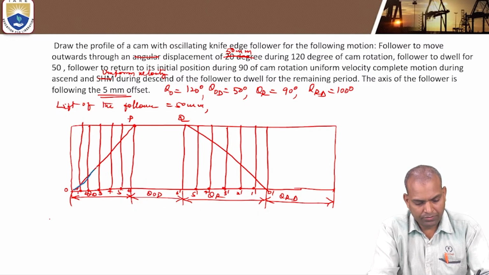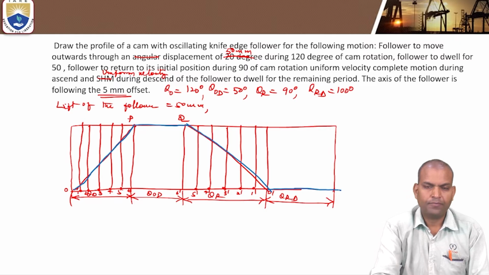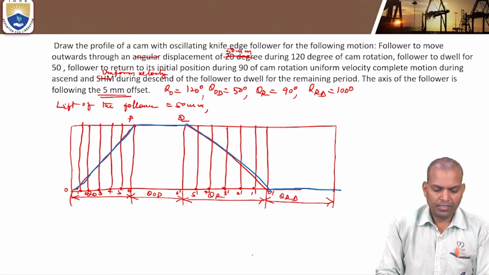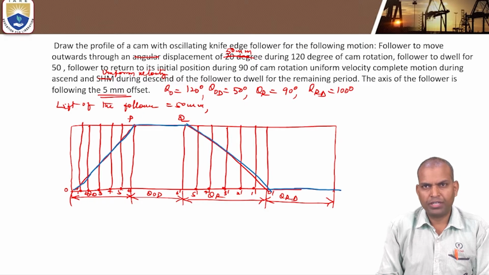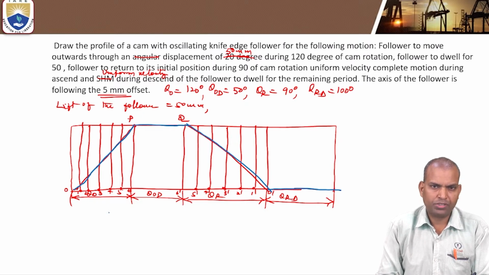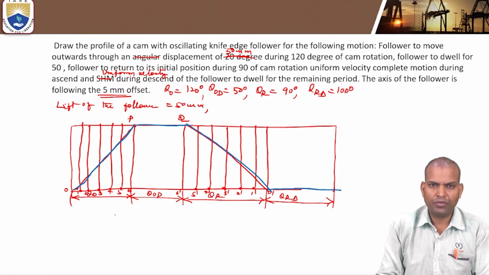Now this curve O, P, Q and O dash is the displacement curve. The outstroke of 120 degrees is divided into 6 divisions. Each linear division indicates 20 degrees of angle of rotation of the cam.